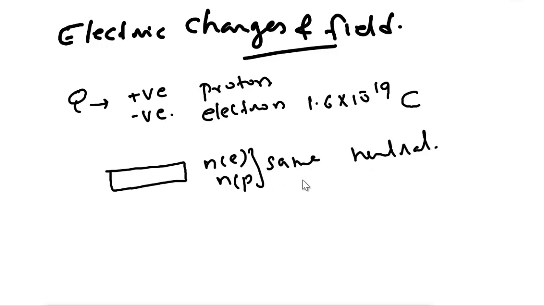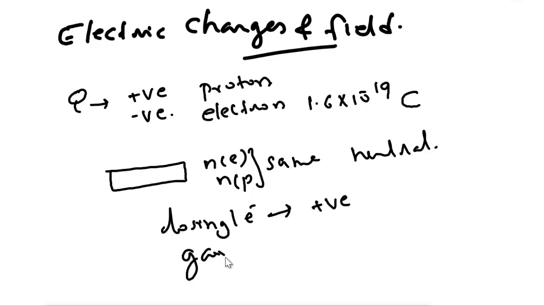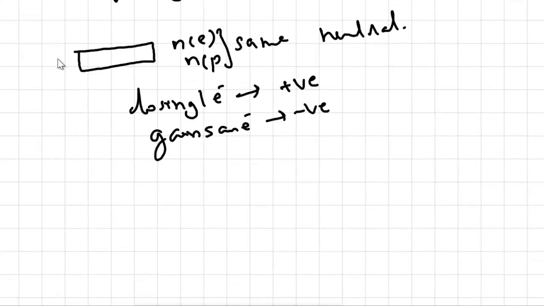If due to rubbing the object loses an electron, it gets a positive charge, and if it gains an electron, it gets a negative charge. Next, we are going to study which objects attain positive charge and which attain negative charge.